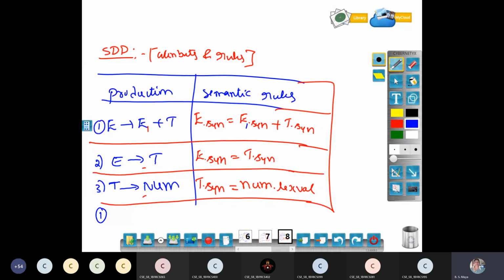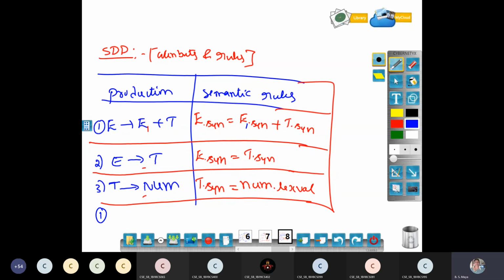And also write: give STD for simple desk calculator and also write annotated parse tree. Full stop. Okay.